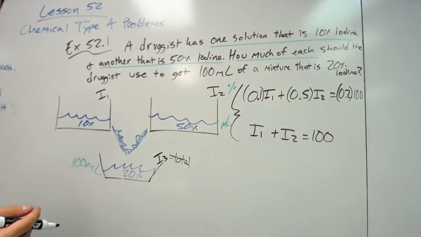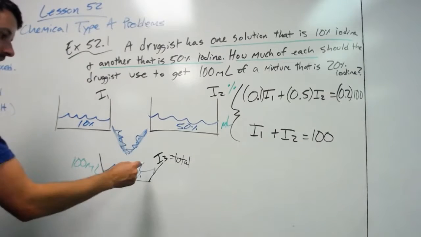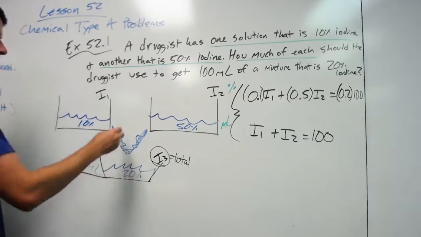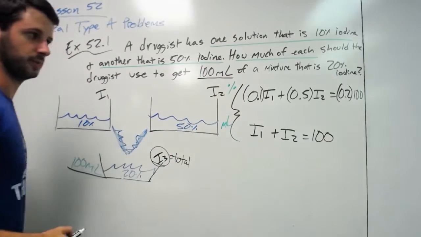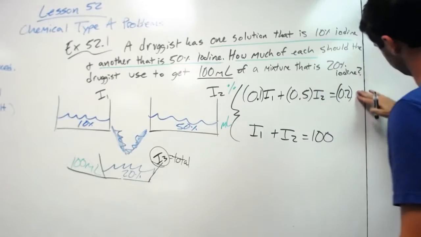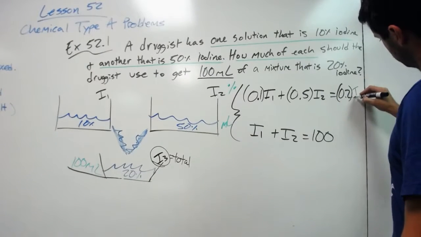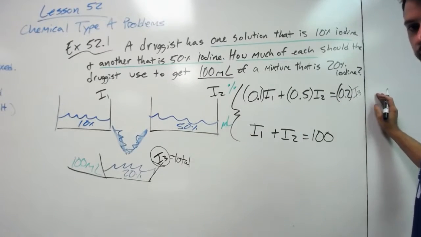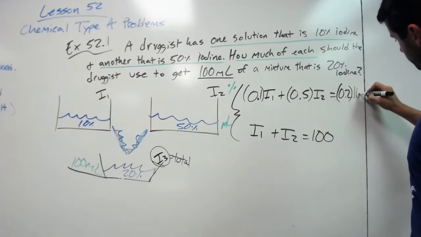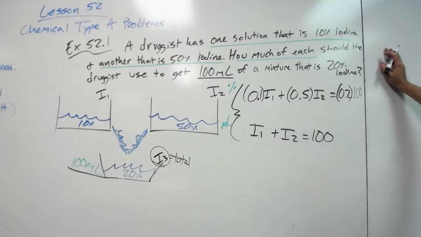Now here's the thing. We actually know that iodine 3 is 100 milliliters. We know the measurement. So rather than writing iodine 3, we can actually write 100, since we know that it's 100 milliliters.